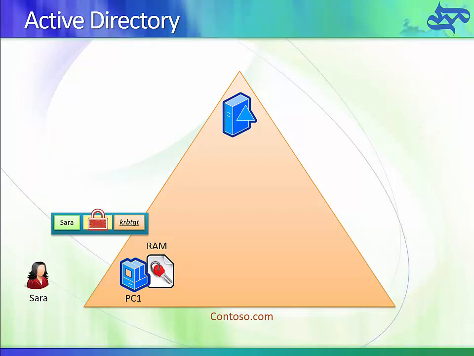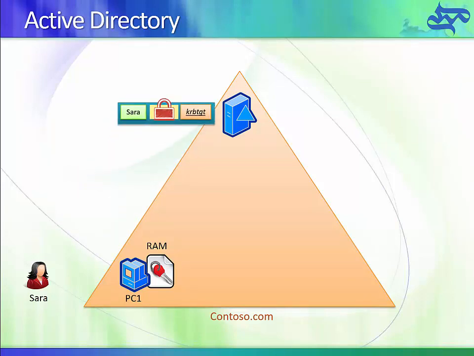Once this packet is formed, it is sent to the KDC, to the Active Directory domain controller. Before talking about what will happen when the KDC receives the packet, let me say that within the KDC, or Active Directory domain controller, there are two subsystems. The first subsystem is called the Authentication Service, or AS. This subsystem is responsible for issuing the very first ticket of the client, the very first ticket of the user.